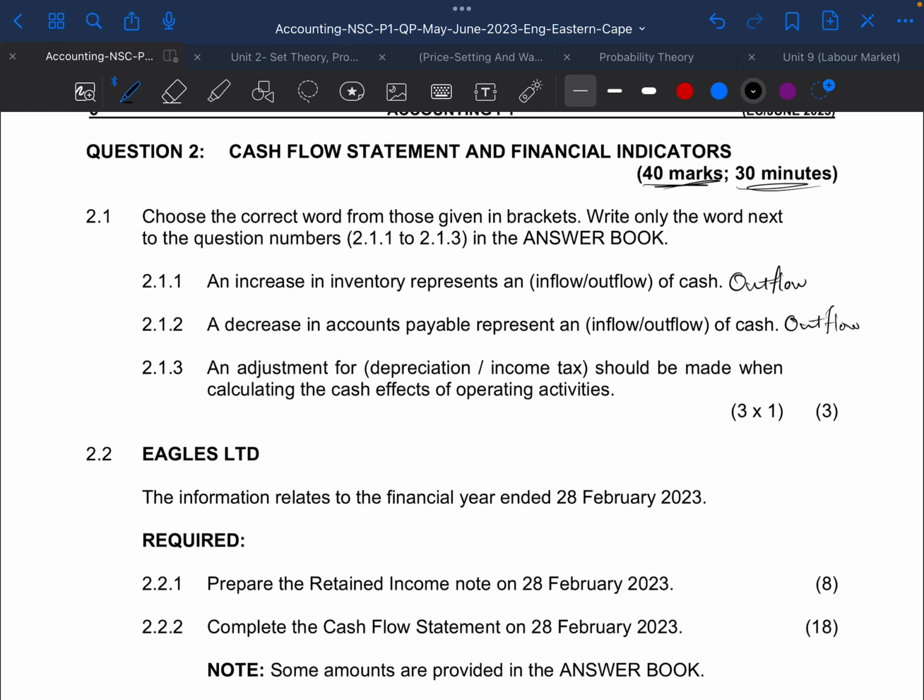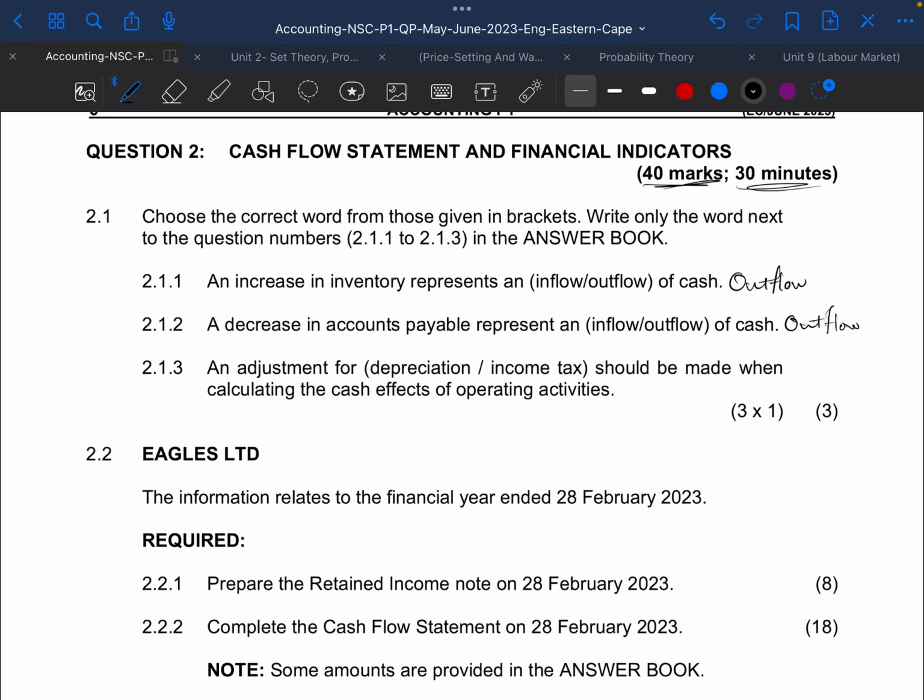Okay, third one says an adjustment for depreciation or income tax should be made when calculating the cash effects of operating activities. So which of the two here between depreciation and income tax does not form part of our operating activities? It's depreciation, because depreciation just occurs when we are using our assets, but it is not part of our operating activities.